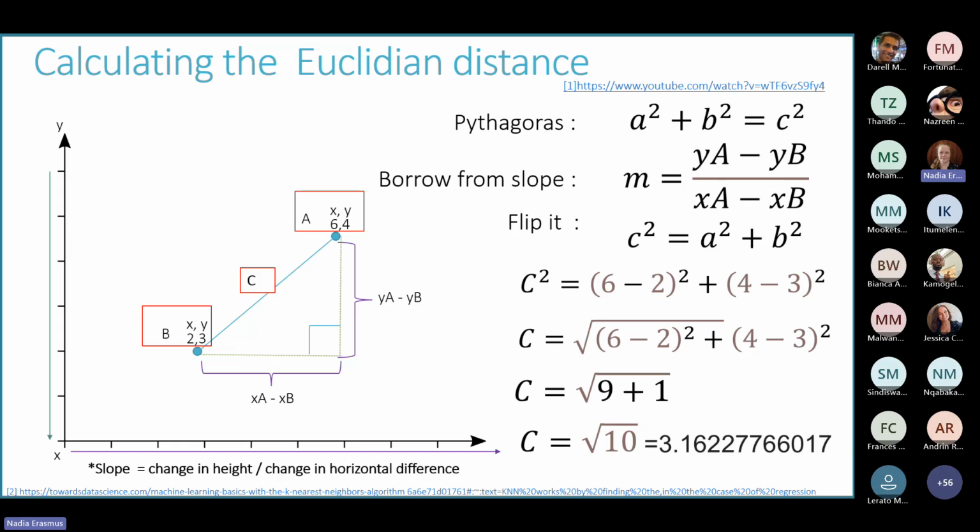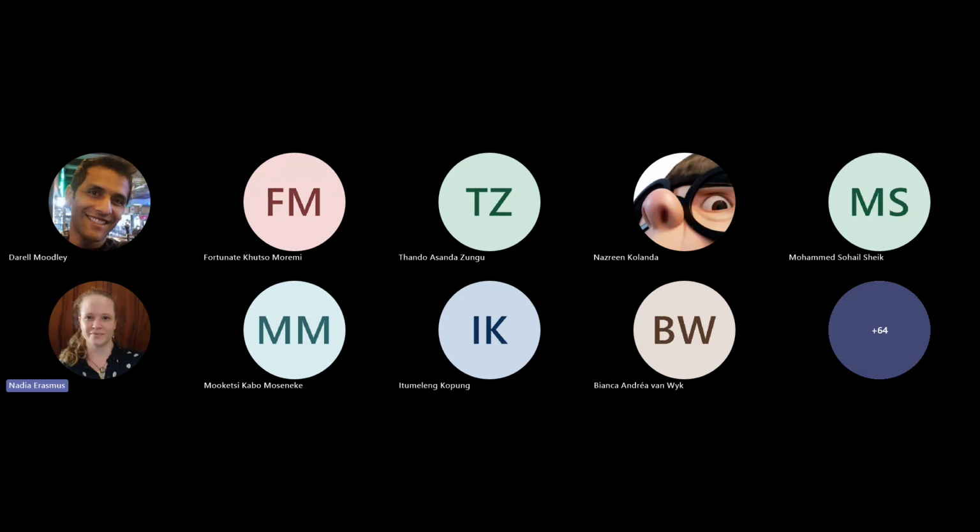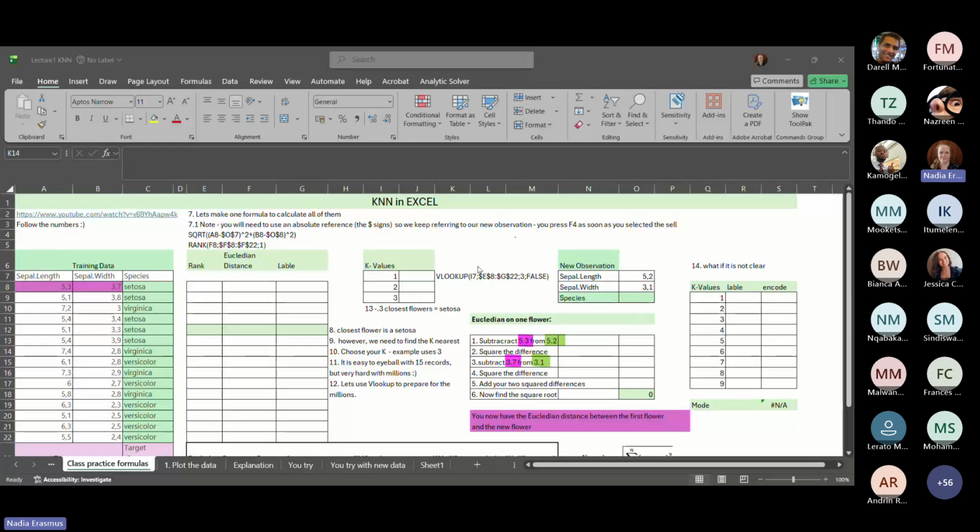So I'm going to show you now. I quickly need to go to my Excel and open that for you so that we can carry on. Okay, there we go. Okay, so this is our Excel. This is where we're going to use that.